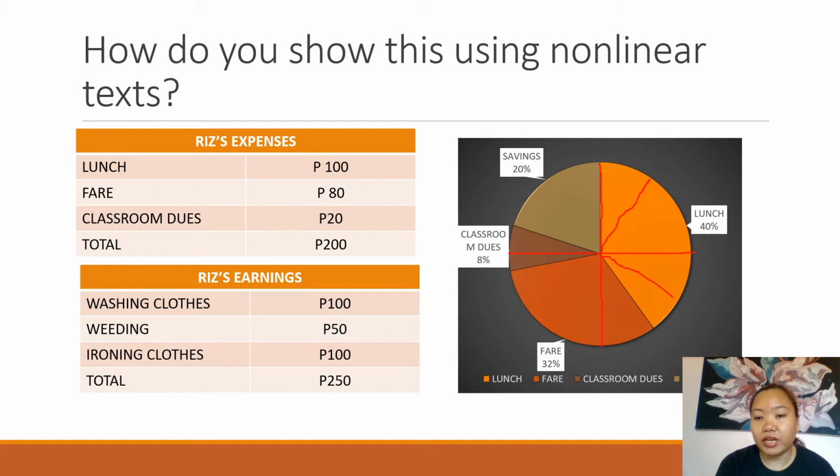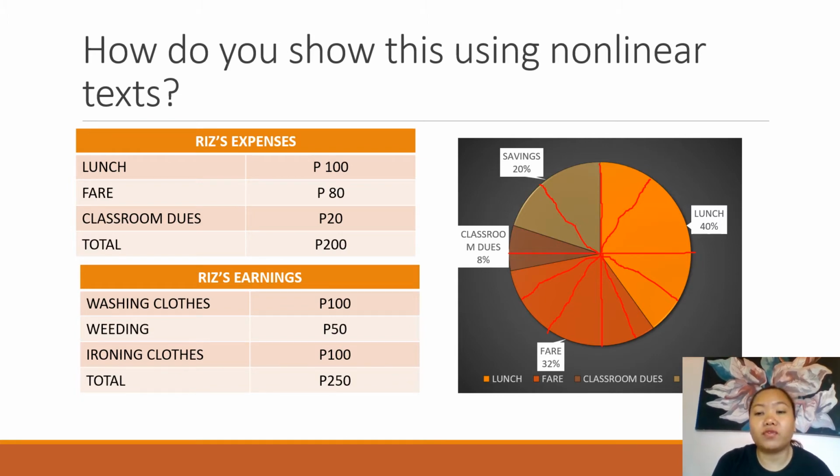So, let me divide the pie into 10 so that I have 100%. Okay, so 1, 2, 3, 4, 5. Then another 5 here. There. So 1, 2, 3, 4, 5, 6, 7, 8, 9, 10.